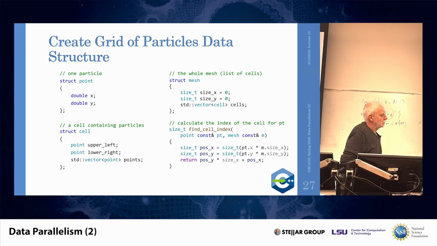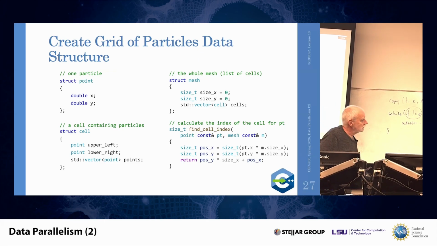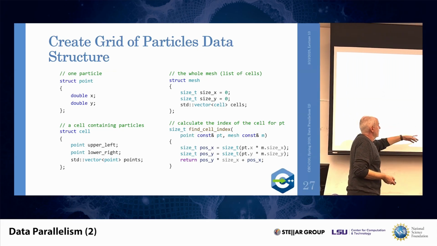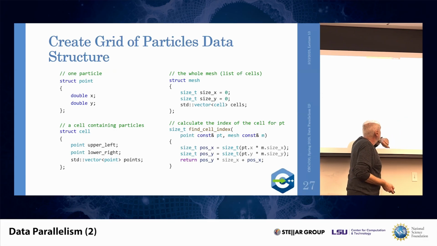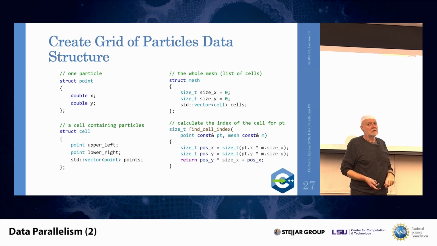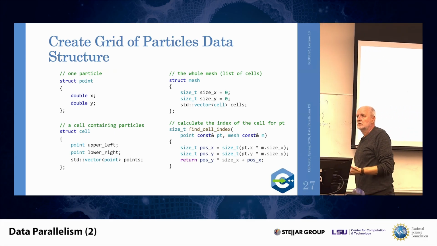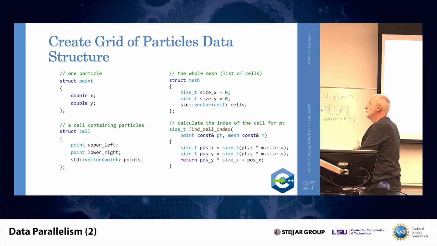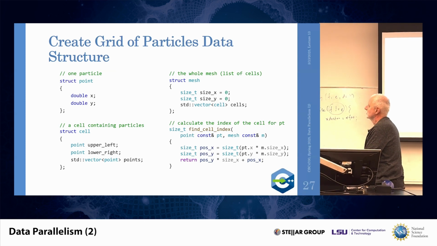You can follow the logic yourself. So just take away, this is a function which takes a point and a given mesh and returns the index into the vector of cells that point belongs to. That's it. Okay? So we have the basic data structures.